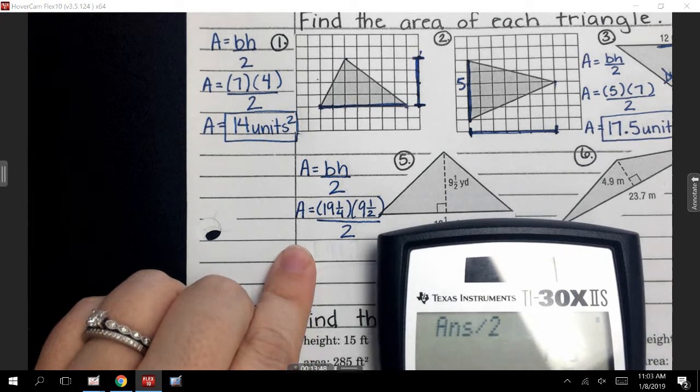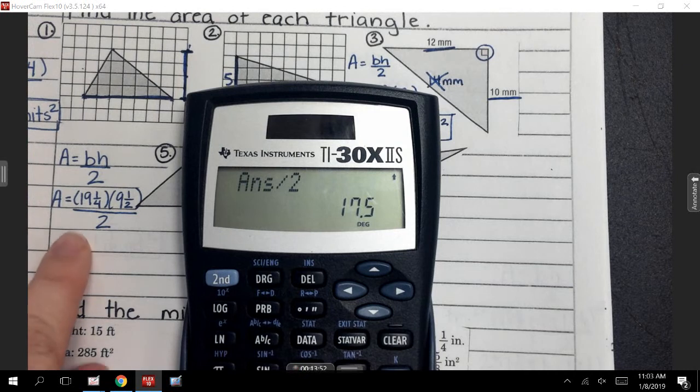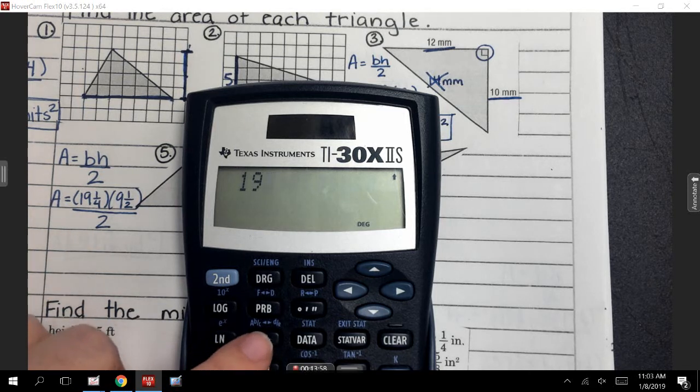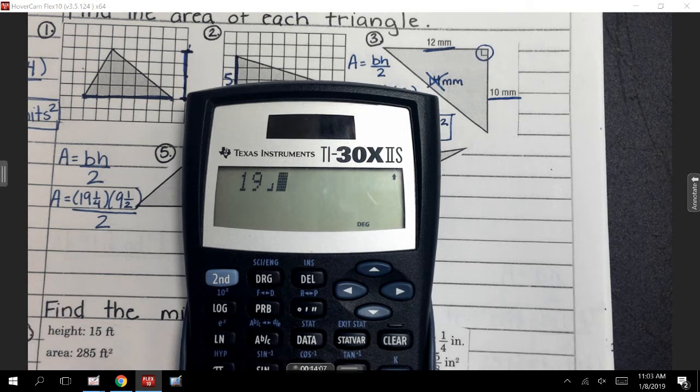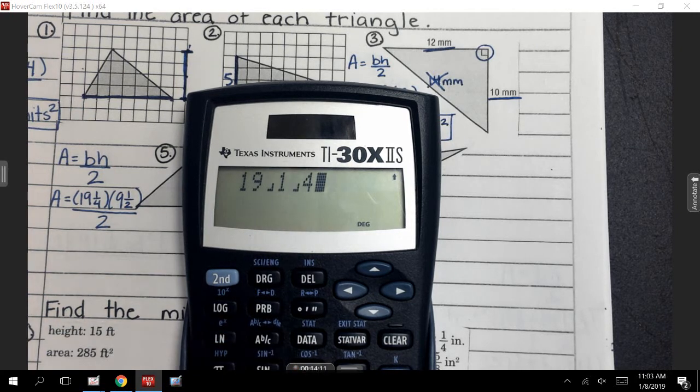So let's practice those fraction buttons. We're going to type in 19. What's my fraction button look like again? Someone remind me, Sean? The ABC button, that A with the B/C. And we know that backward L just means the calculator is thinking fractions coming up. So we got 19, fraction button, 1, hit that ABC fraction button, and 4.